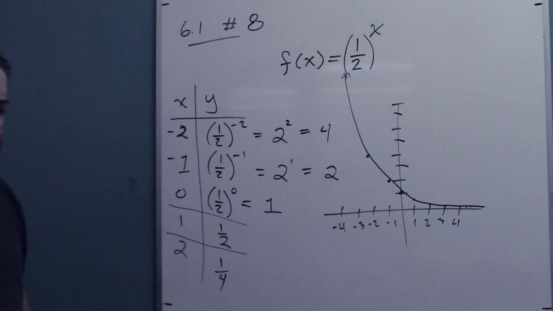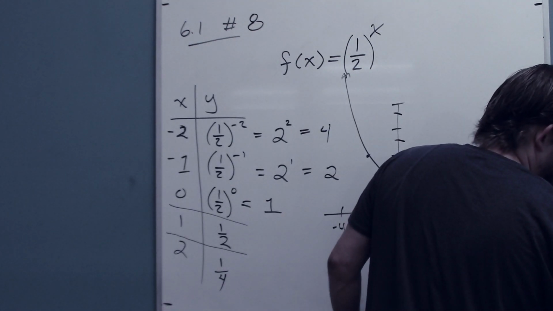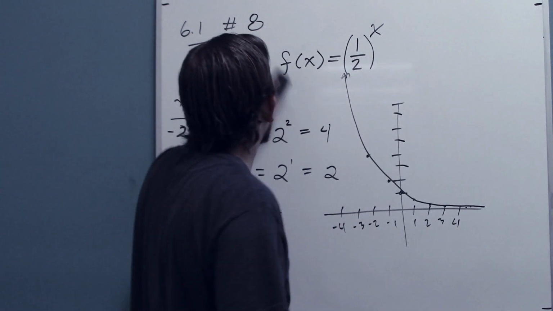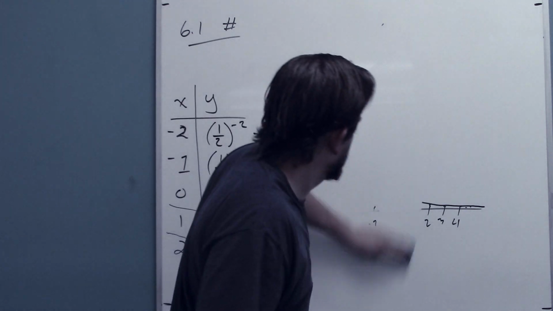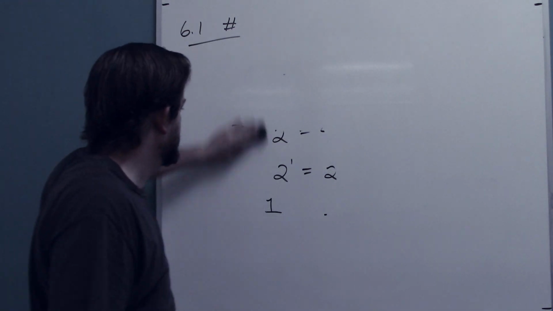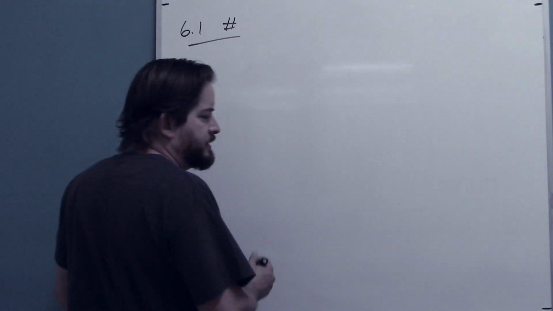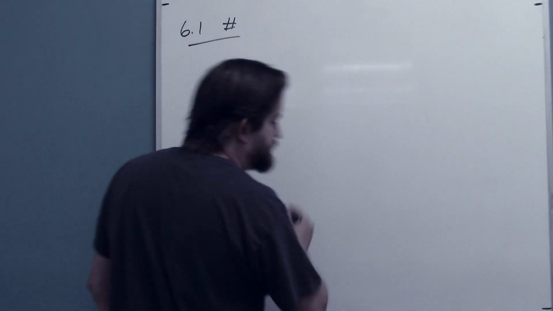Okay. Let's look at 9 as well. Nine is the same. It's f of x equals 2 to the x minus 2 though.